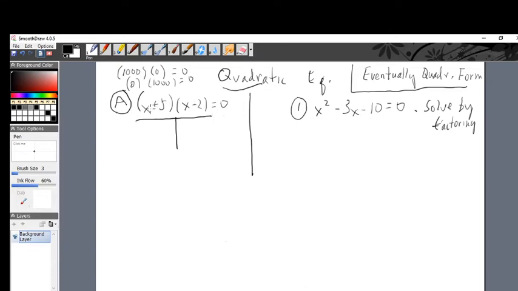So how would this x plus 5 turn into 0? If there would be a minus 5 here, minus 5 plus 5 is 0. How would this x minus 2 turn into 0? By being a positive 2, since positive 2 and negative 2 would turn into 0. So here's how you use the T formation. Either x plus 5 has got to be equal to 0, minus 5 on both sides, and we figure out that x has got to be equal to negative 5.